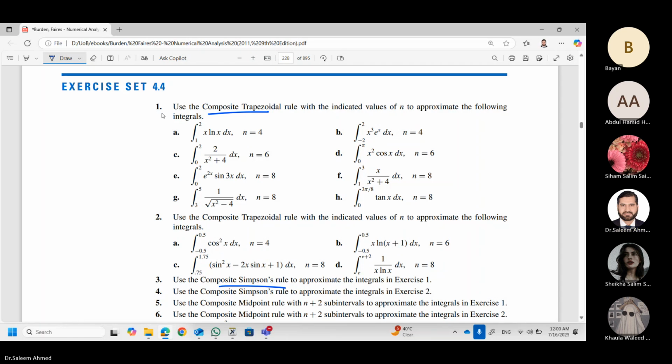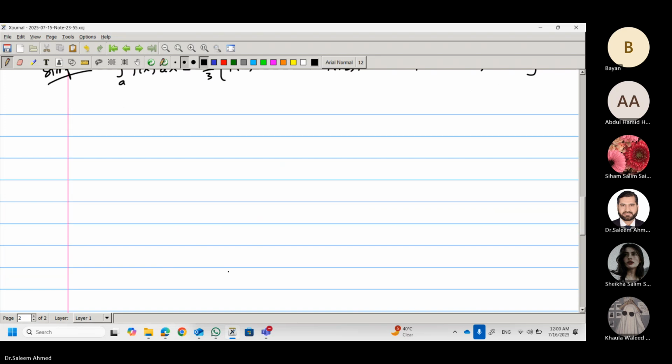The integral from 1 to 2 of x log of x, n is 4. So here a is 1, b is 2, right? So h will become (b minus a) by n. So 2 minus 1 by 4, which is 1 by 4, 0.25. You can just write 1 by 4 as well, or you can write 0.25.